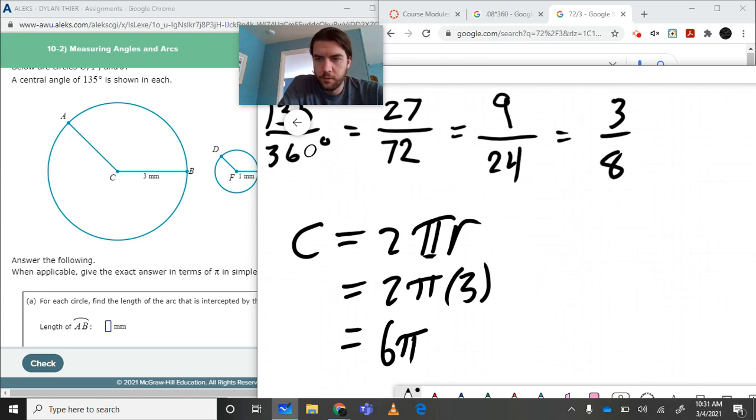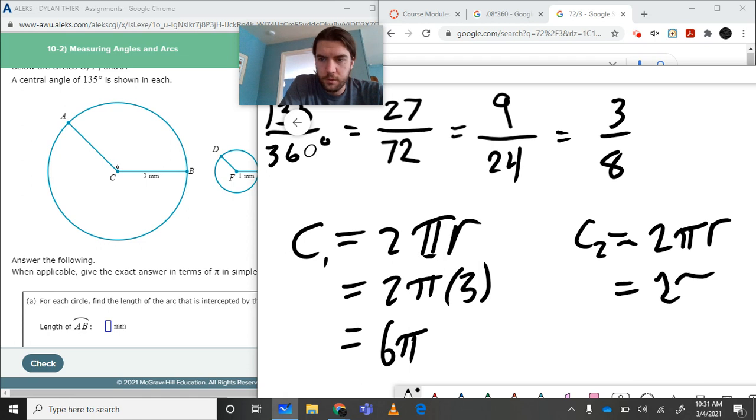For the second one, circumference 2 is going to be 2 pi r, but the radius is just 1, so we're just going to get 2 pi. And for the third one, we have 2 pi, and I think the third one was a radius of 2.